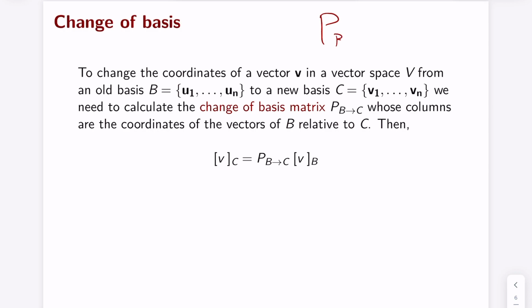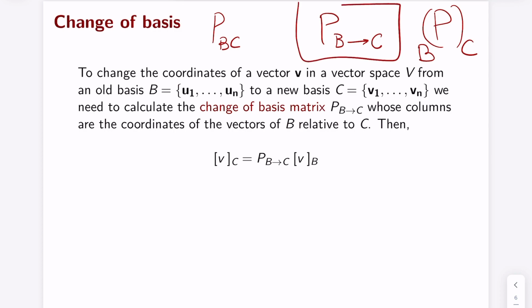This one says it is from B to C, so we put an arrow indicating that it is from the base B to the base C. Some people write it just like this, some people write it like this, BC. There are different ways to write the same thing. So I'm going to use this notation, with an arrow, that indicates the change of bases from B to C.